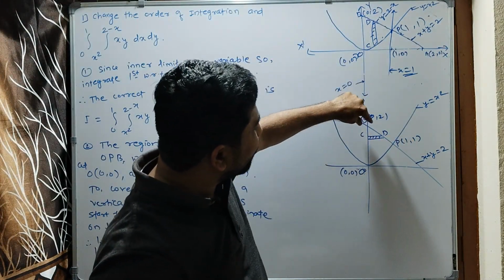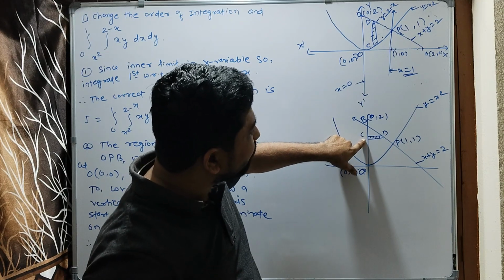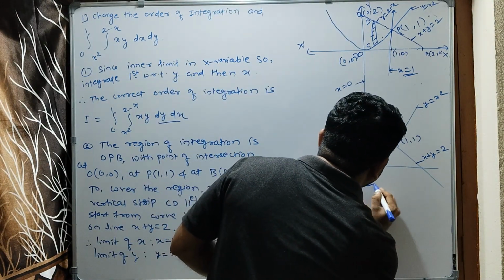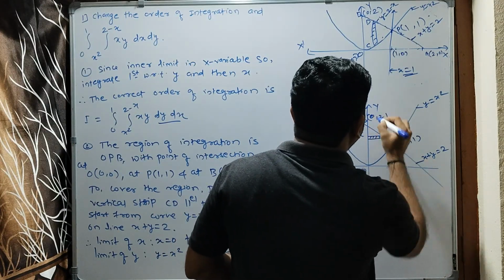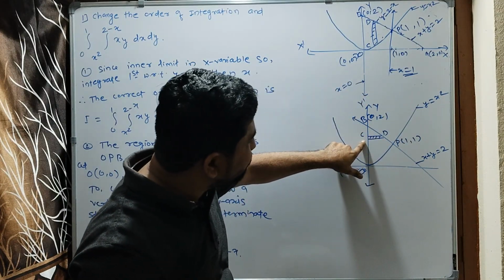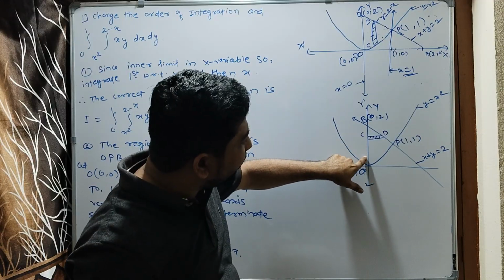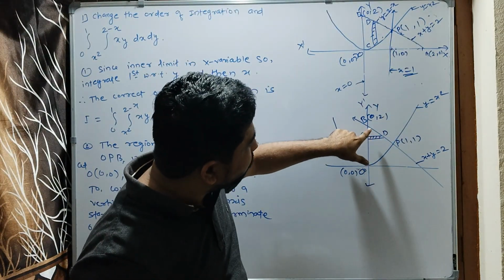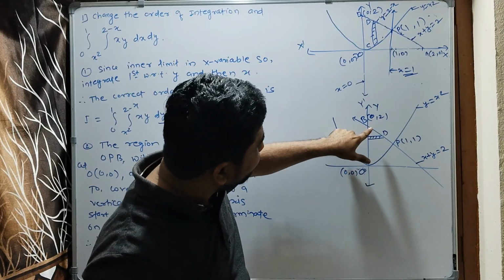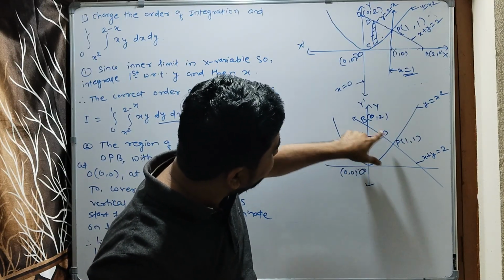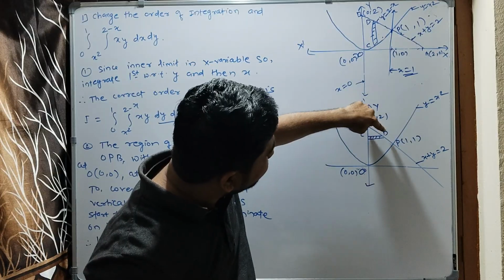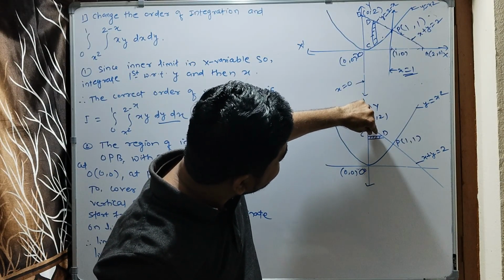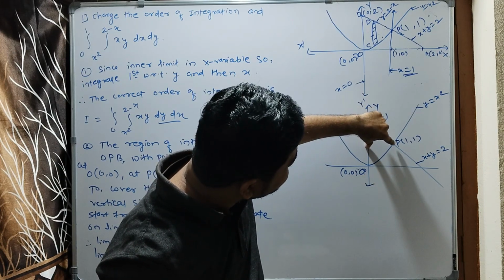Now I want to cover this whole region. The C terminal of my strip CD lies on the y-axis. While covering this region OPB, the D terminal of my strip moves: in the starting I put the strip here, here, here, and here.